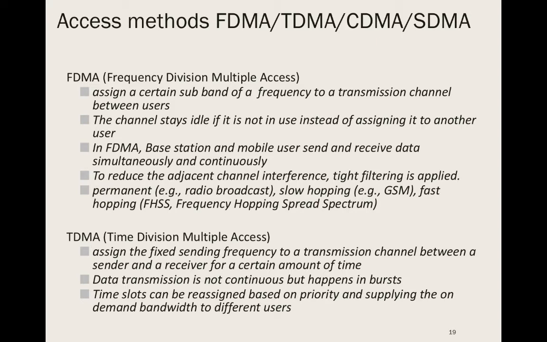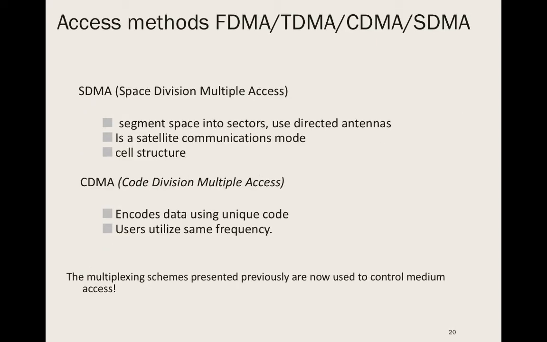The good thing about this method is that time slots can be reassigned based on priority, and that's why it can supply on-demand bandwidth to different users. SDMA, or space division multiple access, is a satellite communication mode. It is also used in cell structures. What it does is segment the space into sectors and use the properties of directed antennas to do that.